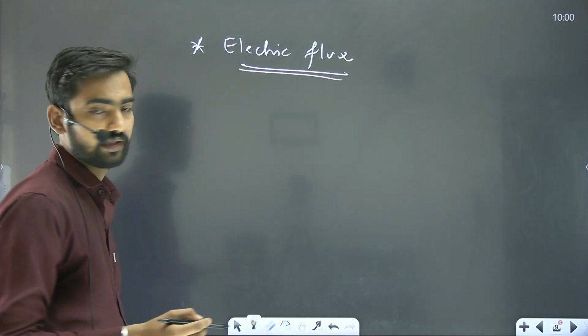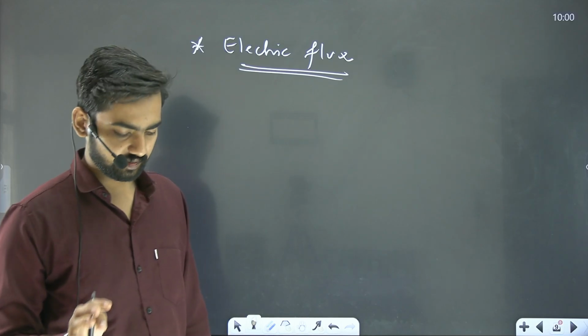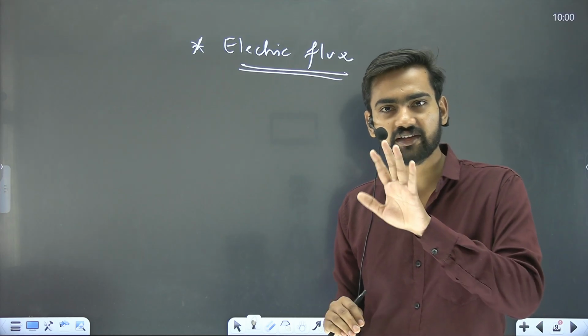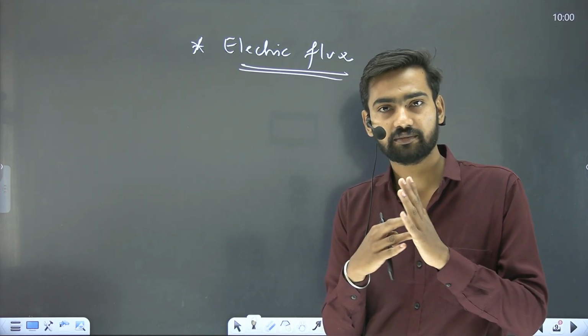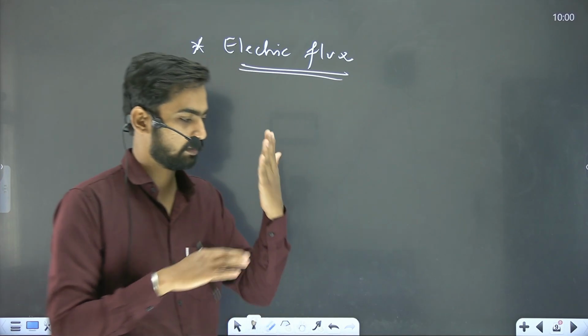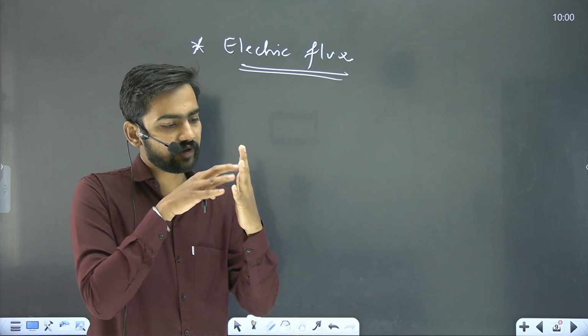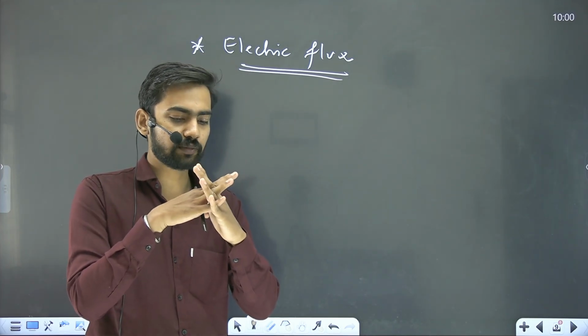Electric flux is nothing but the number of electric field lines passing through some surface normally. Let's suppose this is your surface, and the number of field lines passing through this surface normally.